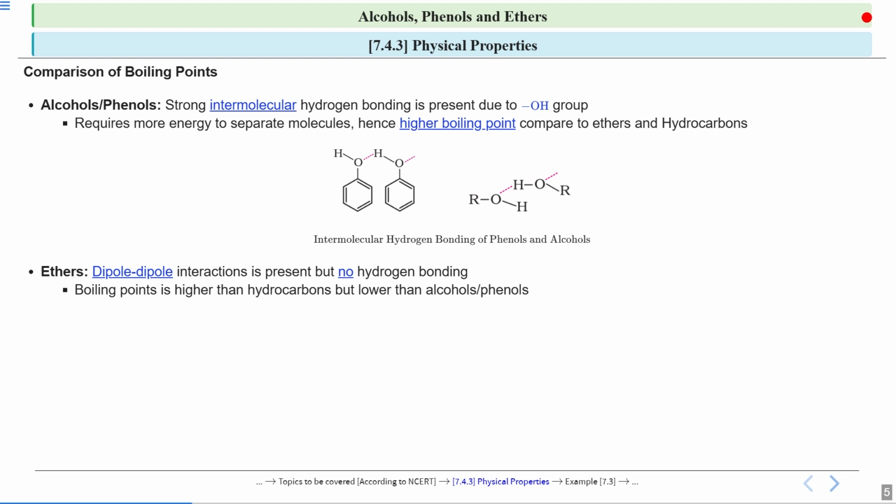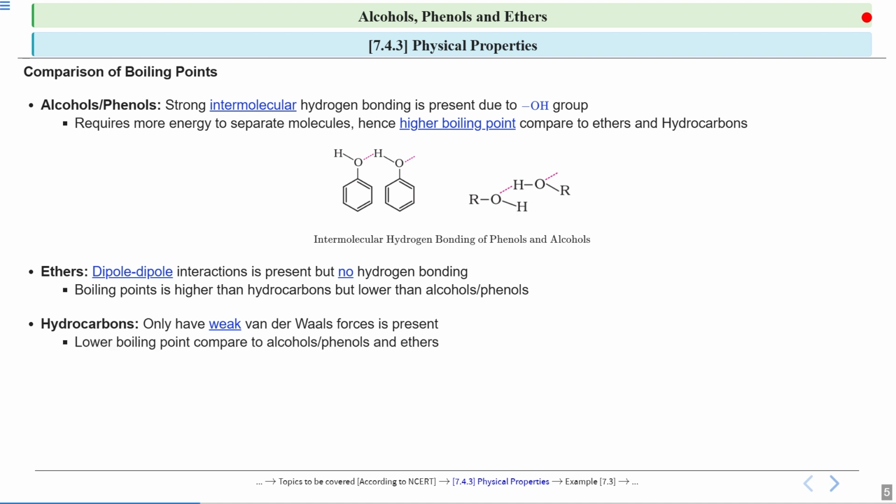But if we talk about hydrocarbons, then in hydrocarbons only weak van der Waals force is present. Since this van der Waals force is weak, you have to give even less energy for the molecules to separate. So the boiling point will be lower as compared to alcohols, phenols and ethers. So hydrocarbons have the lowest boiling point.